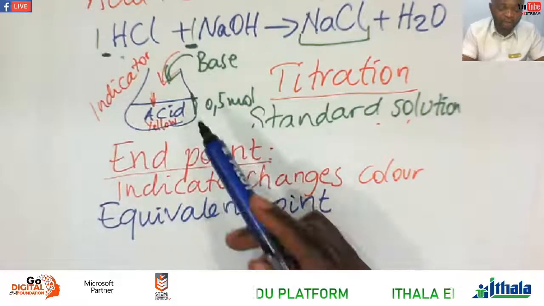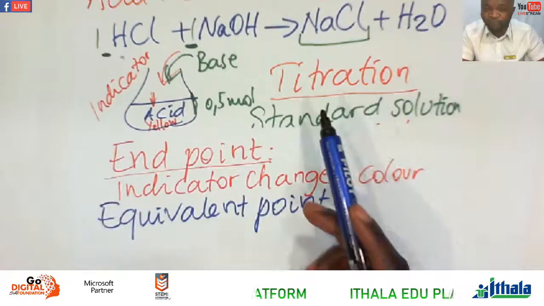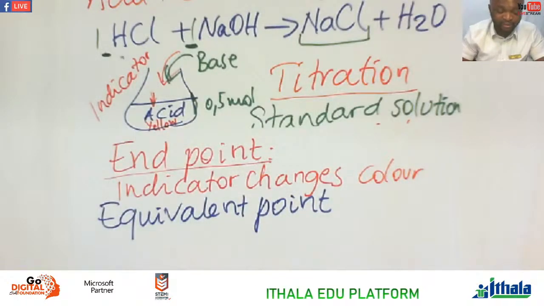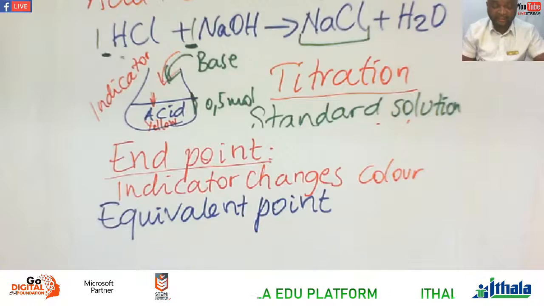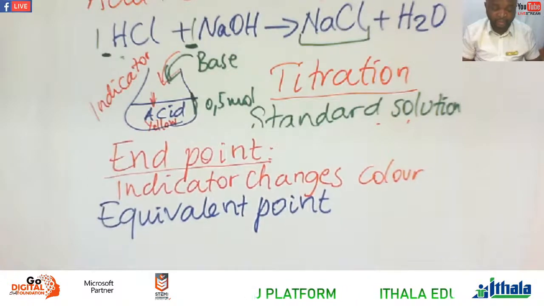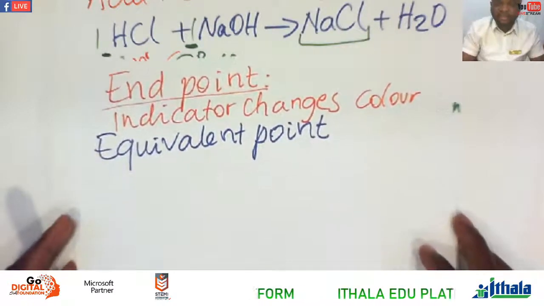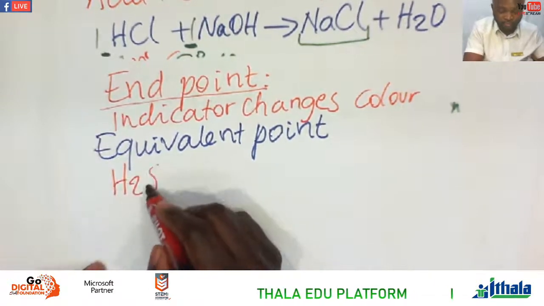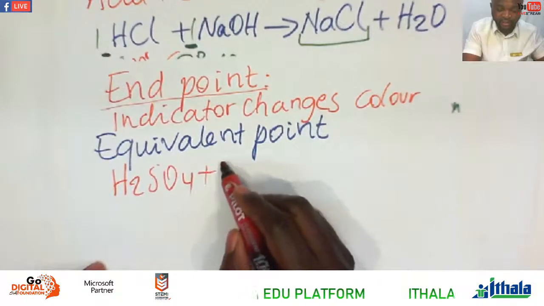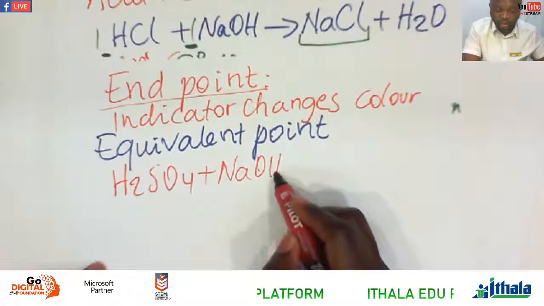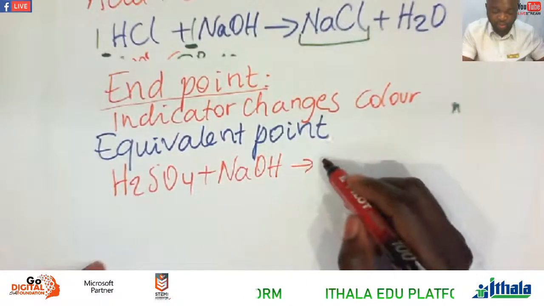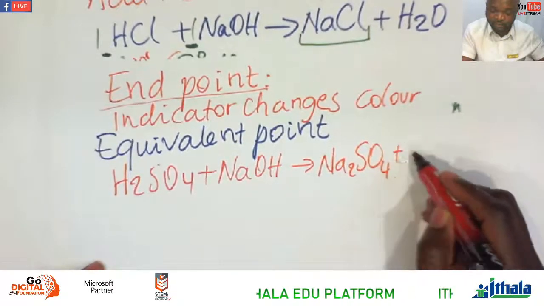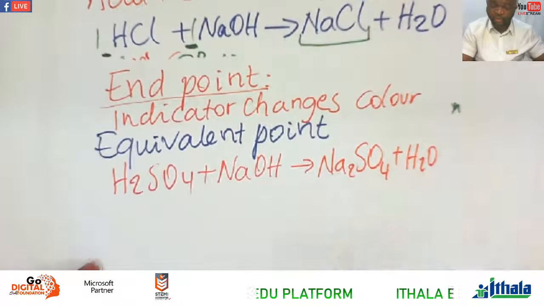But if, for example, it's 1:2, one of the substances will be twice the other. Let's say we use H2SO4 instead of HCl, reacting with NaOH, right? Then the products are sodium sulfate plus H2O.